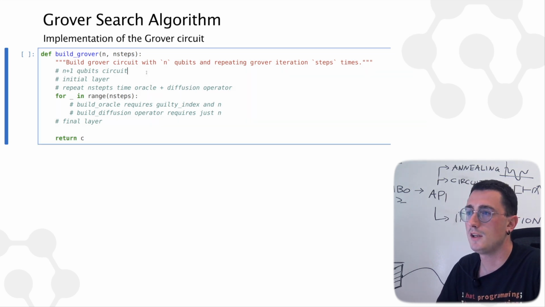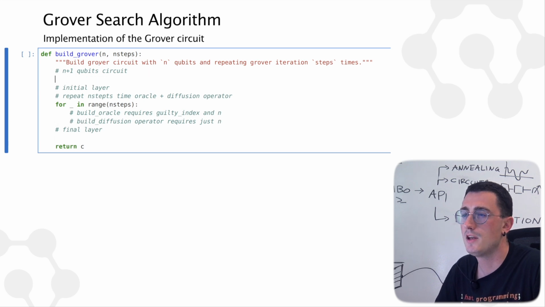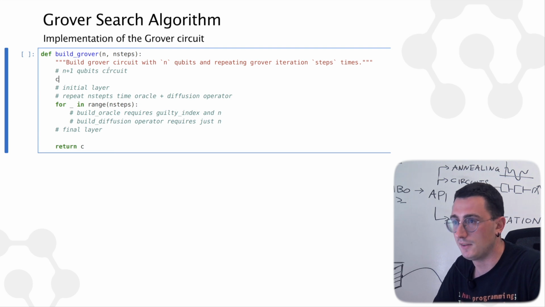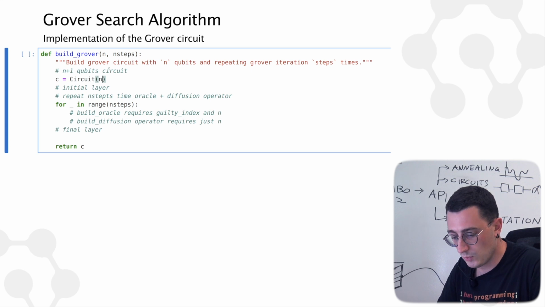So what we can do is that first in this function here, which takes the number of qubits of the input register plus the number of times we want to repeat the Grover routine as arguments, we can start by setting the circuit C equal to a circuit with number of qubits equal to n plus 1.